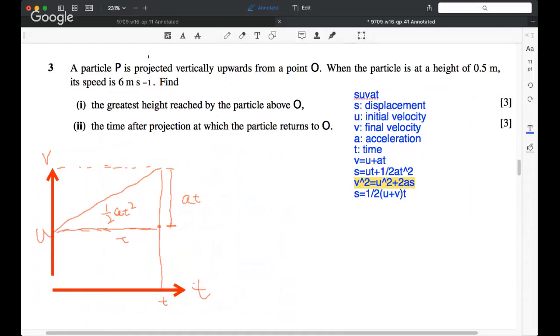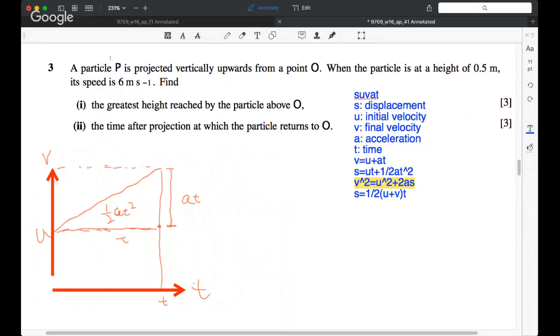Okay, so what do we know right now? We know that when it's at height 0.5 meters, its speed is 6 meters per second. What do we know about the speed of the particle when it's at its greatest height? It's 0, right?